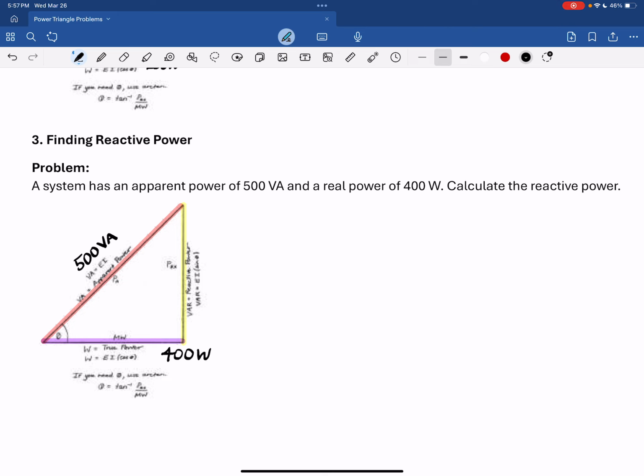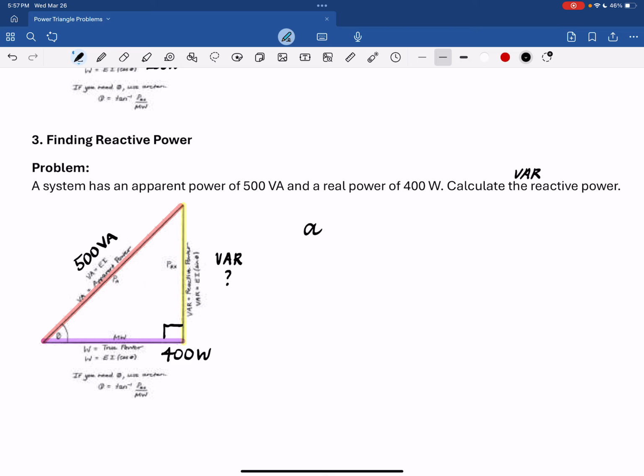W. As soon as you know two legs or two sides of this triangle, you can find the third one with Pythagorean theorem. Calculate the reactive power. And again, this is VAR, so we want it to be this number that we're looking for. So I have a right angle. I know two of them. I'm missing the third one.